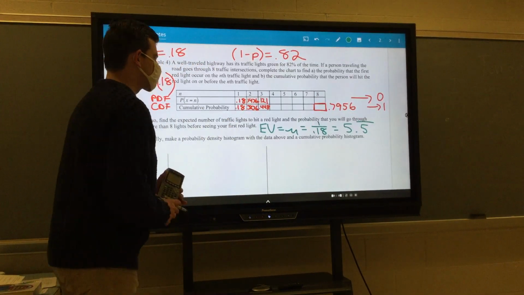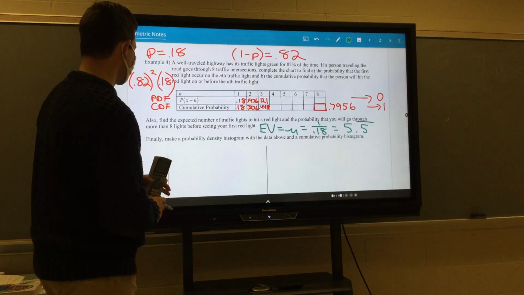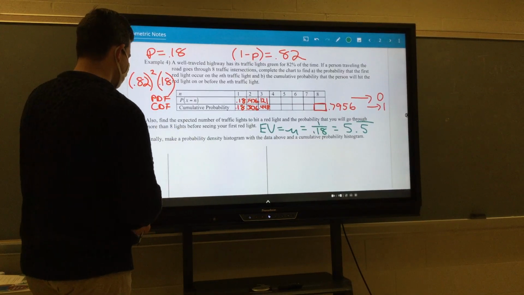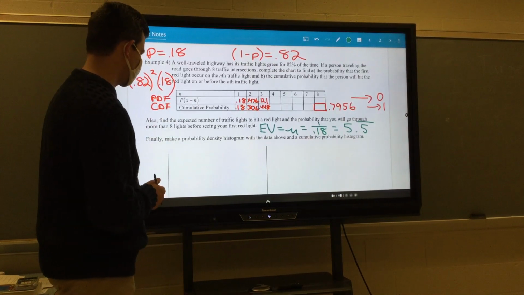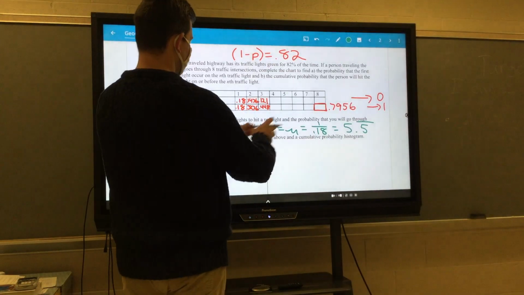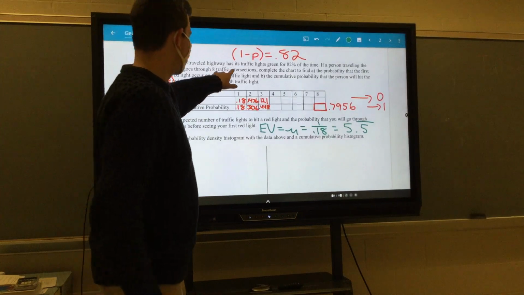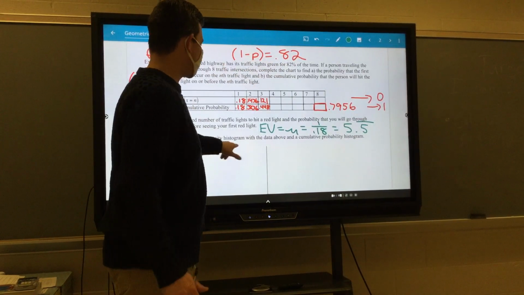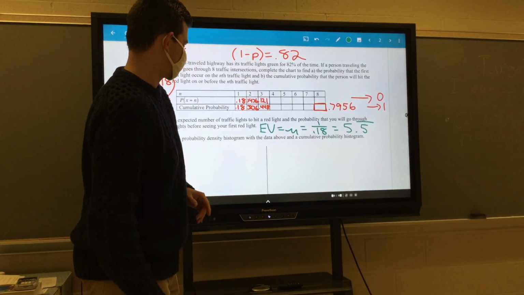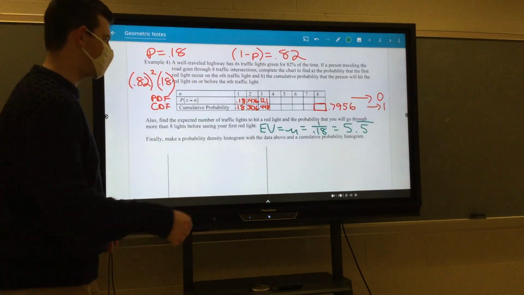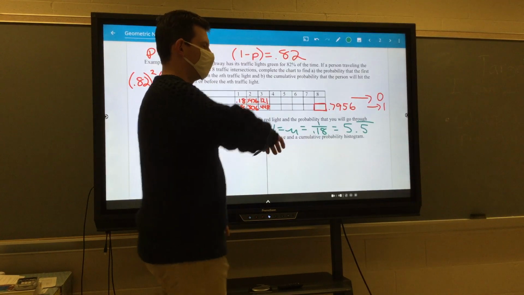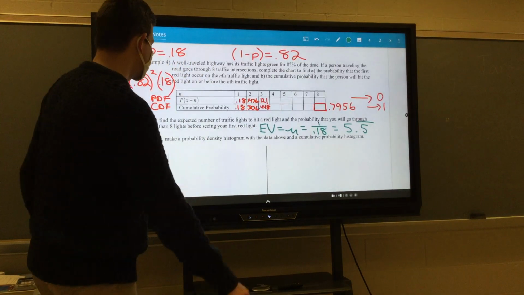The second half of this question, the probability you will go through more than 8 lights before seeing your first red light. Well, this uses that equation that we talked about. That means we have 8 failures in a row. We don't care if the first red light's on the 9th, the 10th, the 76th intersection.